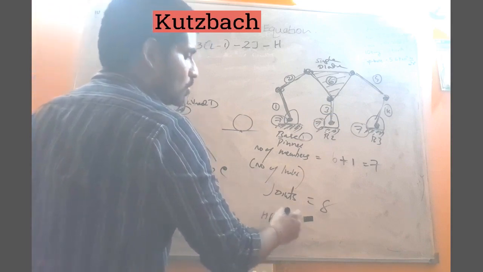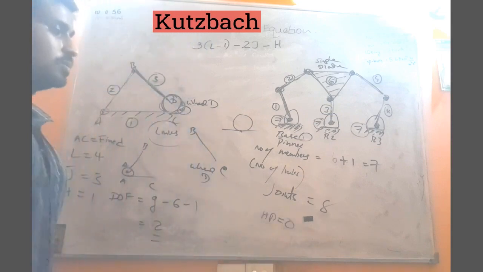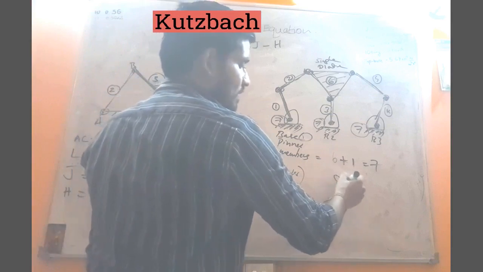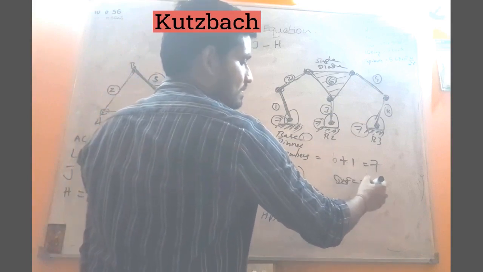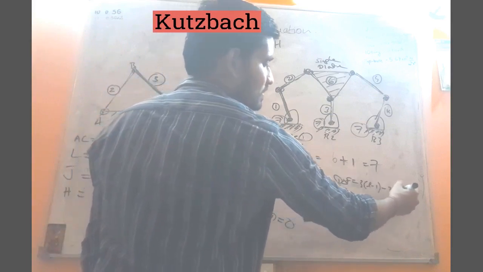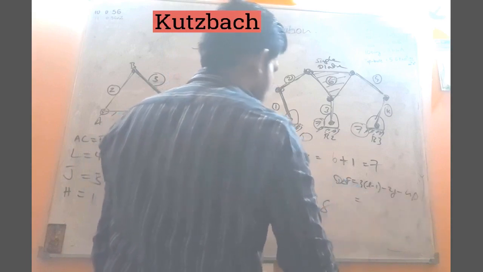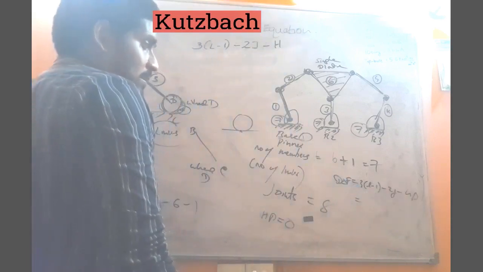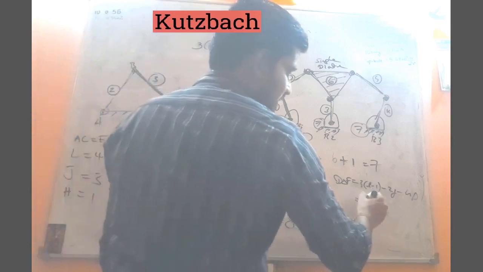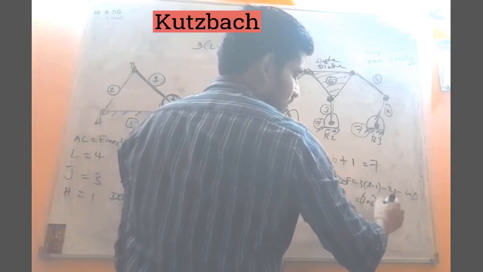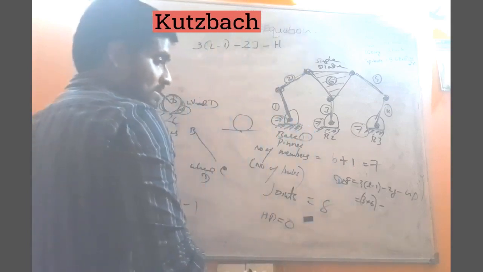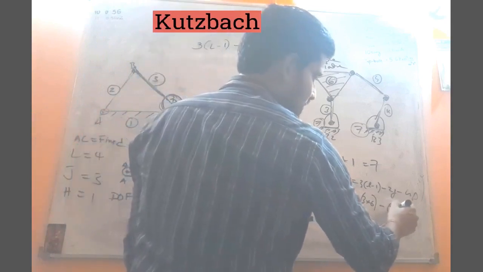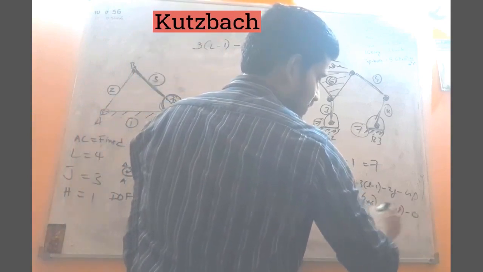No higher pairs. So the degree of freedom formula: 3 times (link minus 1) minus 2j minus higher pairs. Links 7, so that means 3 times 6 minus how many joints? 8. 2 times 8, minus 0.